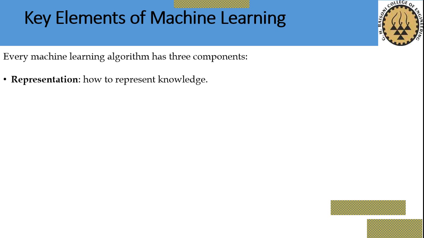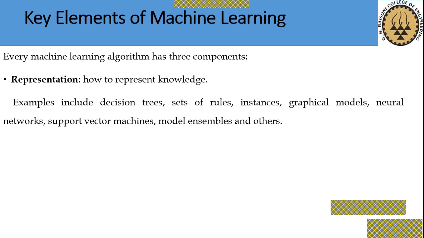Whatever information is available in a data set, you are providing it as knowledge to the machine learning algorithm. Representation may include the decision tree, set of rules, instance, graphical model, neural network, support vector machine, and others.